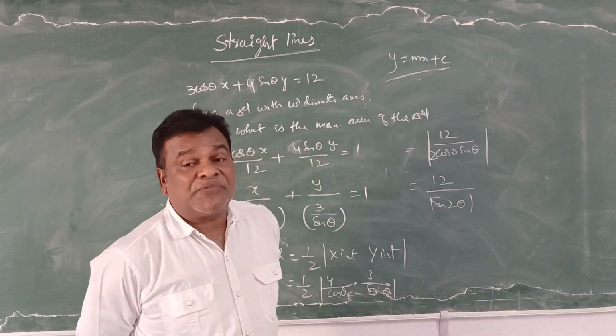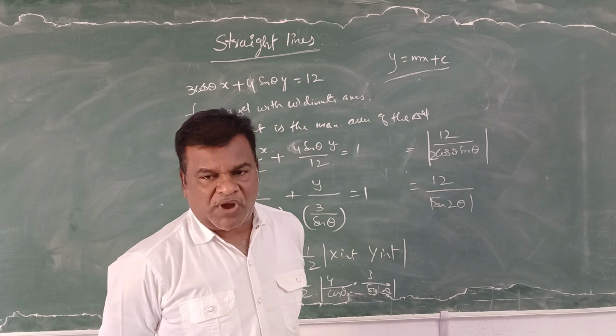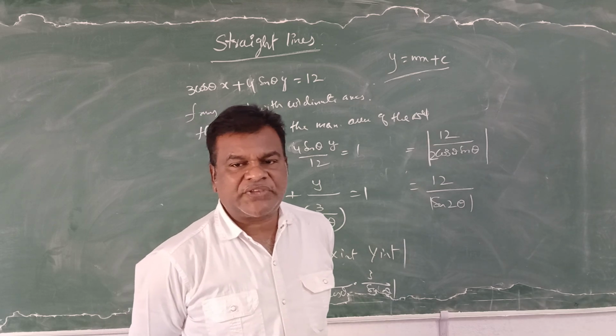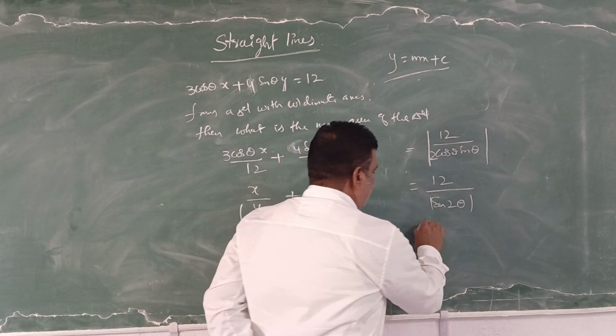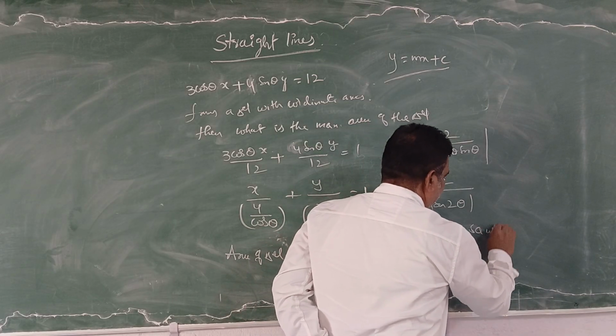What is the maximum of sine? It is 1. So the maximum area is 12 square units.